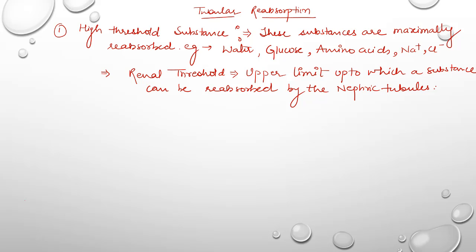Okay, so it is the limit up to which a substance can be maximally reabsorbed from the glomerular filtrate. That limit is the renal threshold. Understood? Is this clear?